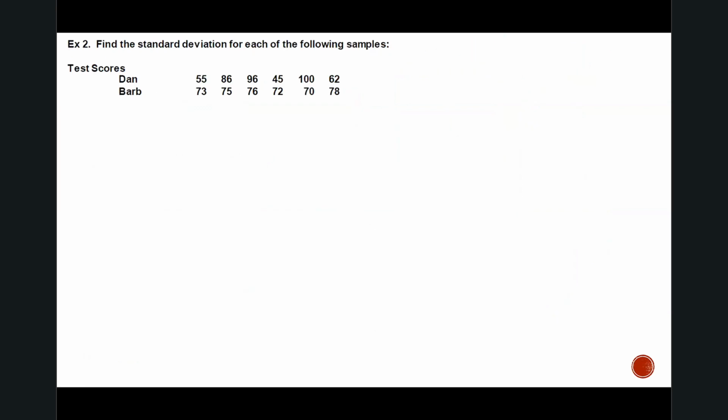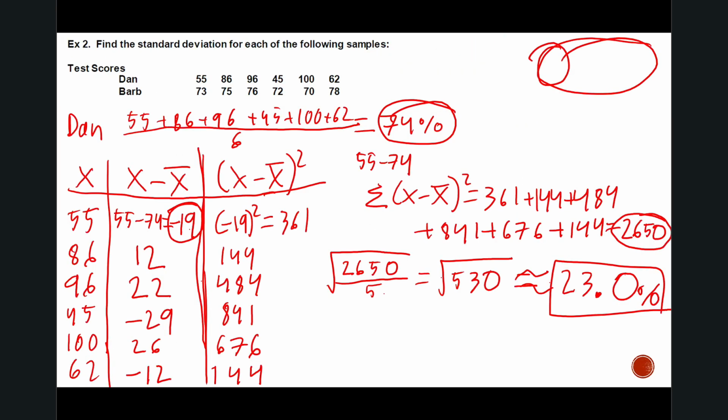Over this one, I did the work here. First, you wouldn't need to write this down. I expect you can easily find the mean by hand. So you find the mean, that's 74%. Then for each score, you subtract to get the differences.